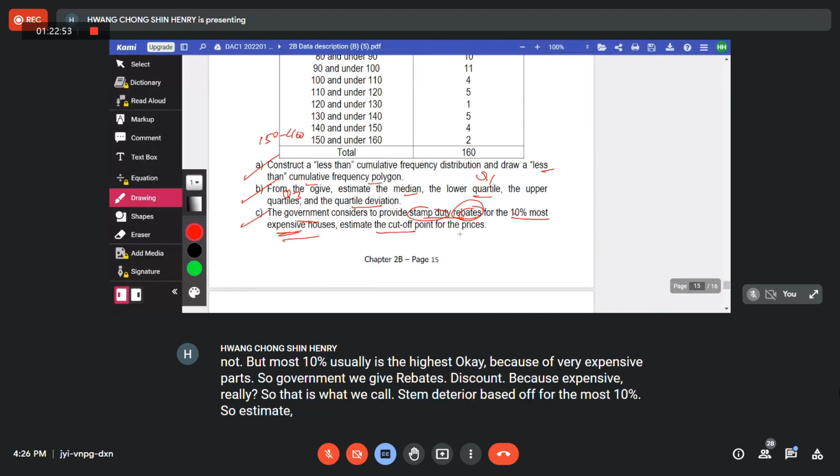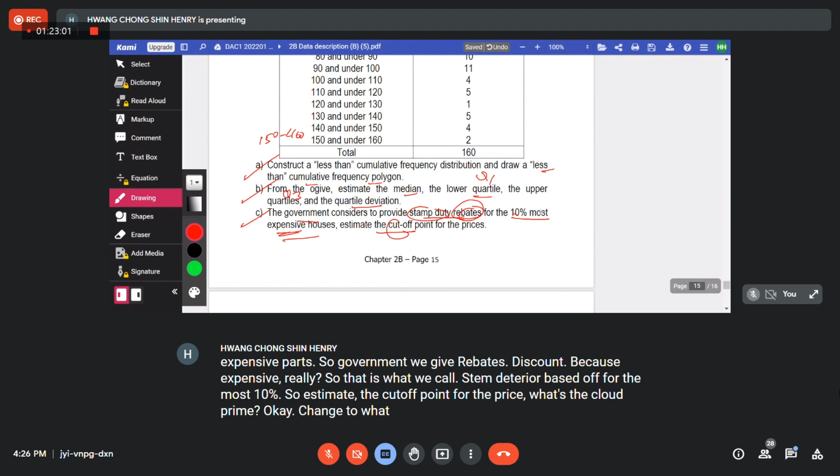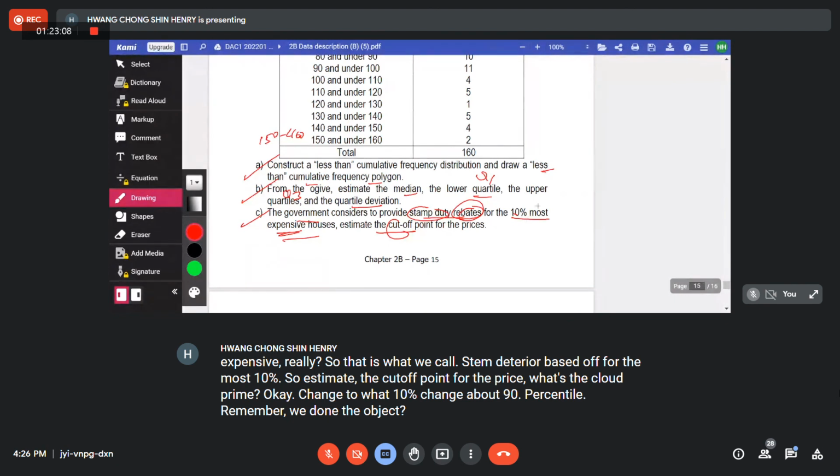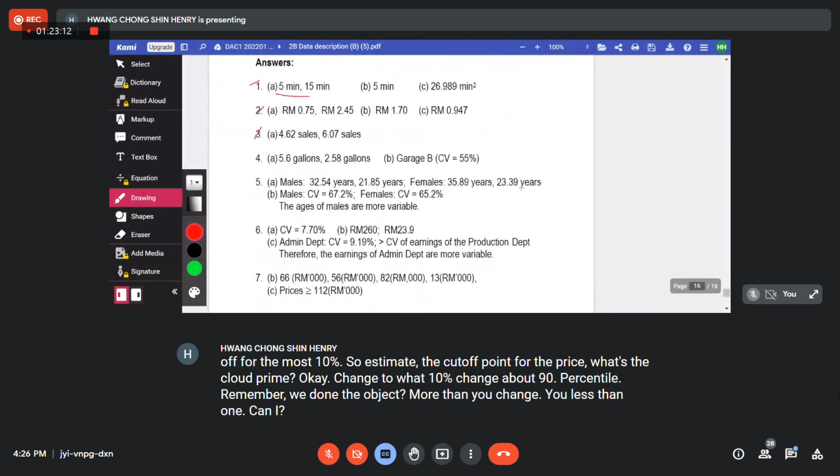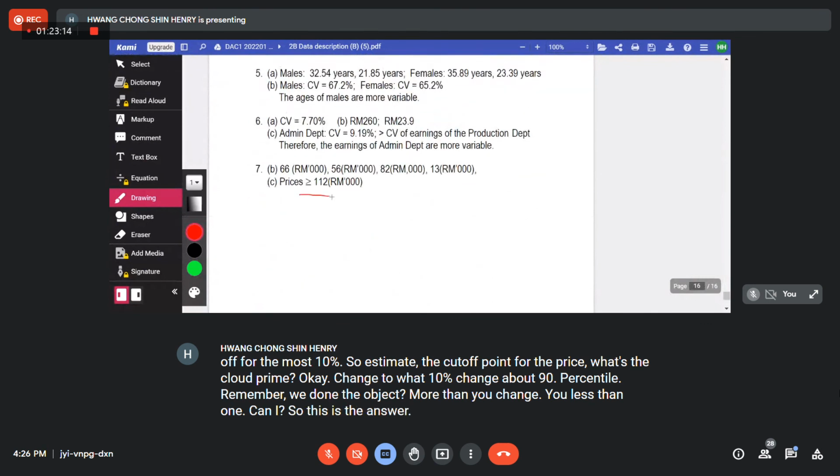So estimate the cut-off point for the price. What is the cut-off point? Okay, 10% change to what? 90%. Remember we did the ogive. More than, you change to less than. Okay, so this is the answer.